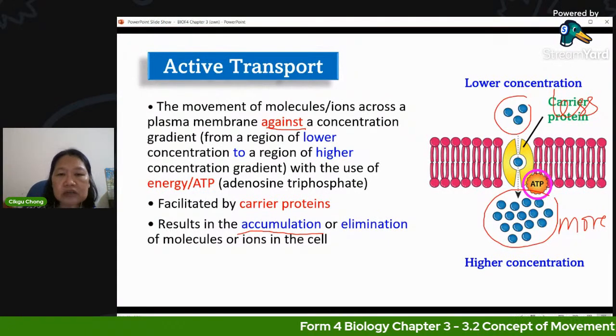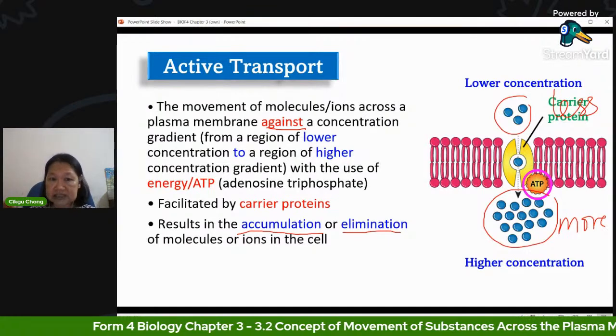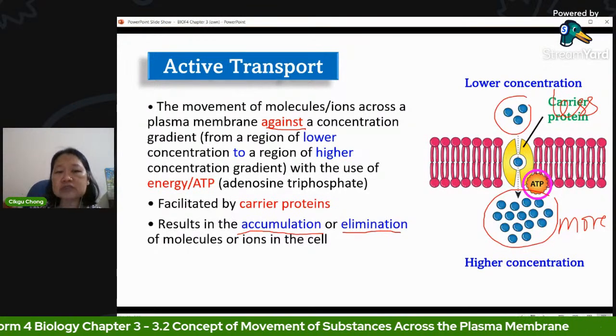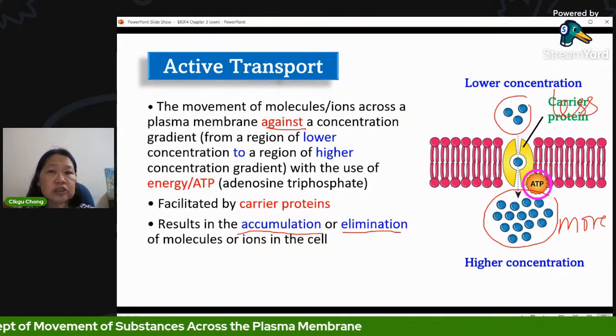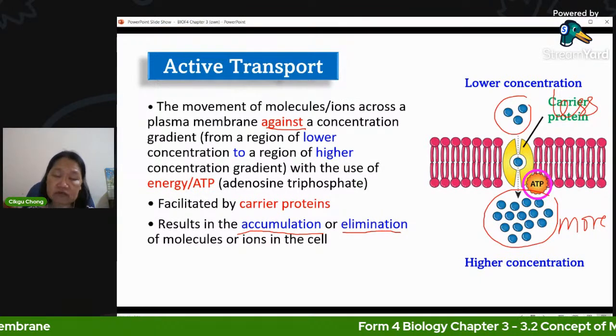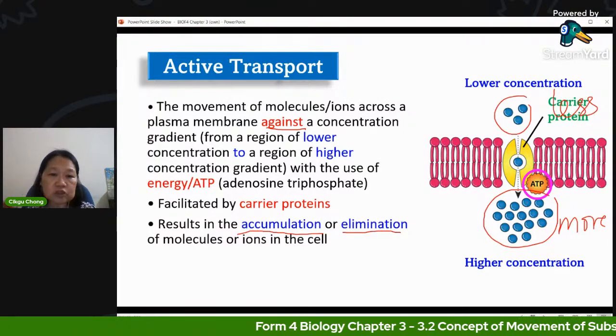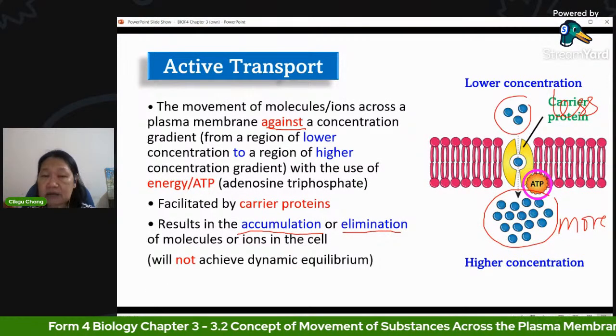It's called elimination. So you will either be accumulating it more inside or pushing it outside. That means a situation whereby both sides are equal will never occur. It will always be one side more than the other. So this is active transport. Afterwards you will see the comparison. It will not achieve dynamic equilibrium, so remember to say that.